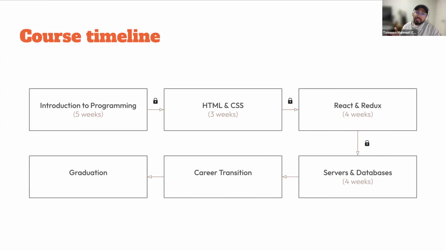Because as we know, websites can be just the front end on their own, like gaming websites or say a newspaper blog. Those don't often require servers or databases. Databases are mostly required for websites that hold some kind of data. And after you're done with that, you will be able to call yourself a full stack developer.